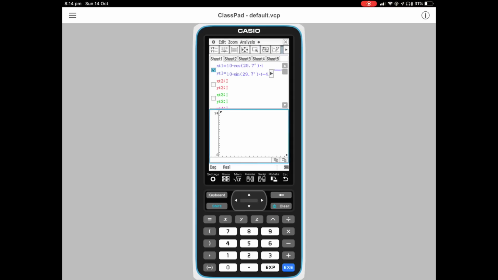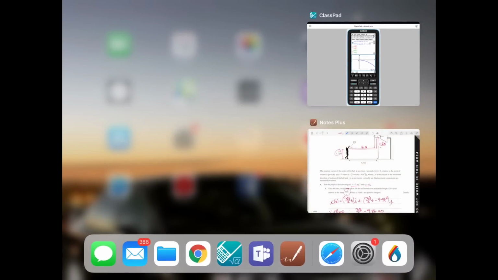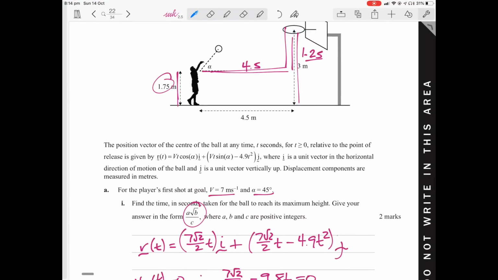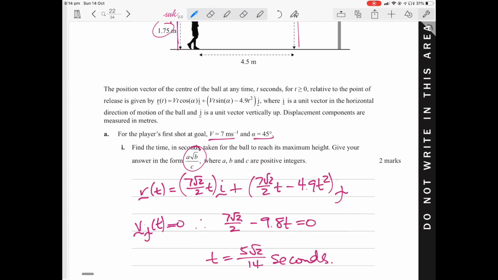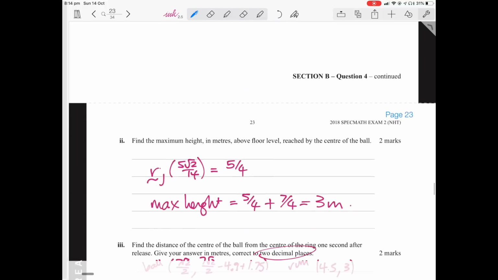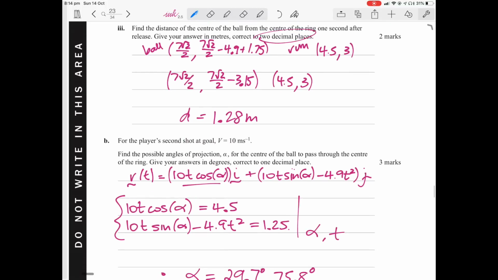Sketch. What was the other answer? It's only 5.8.